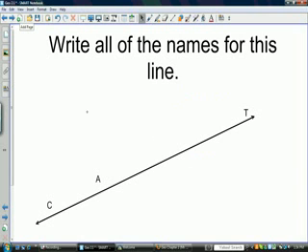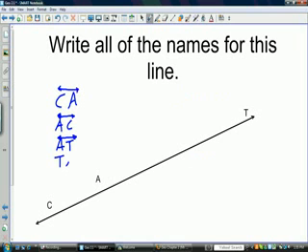Now this line we can name CA. We could name it AC. We could name it AT. We could name it TA.